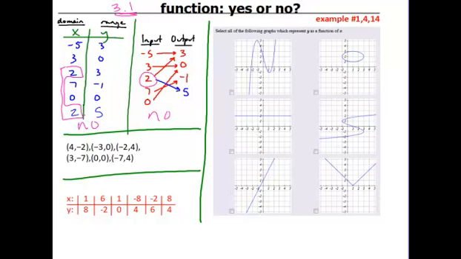Okay, now, you can also represent these same set of points using ordered pairs, where the input is the x, the output is the y. So if you look at this as ordered pairs here, does this represent a function?